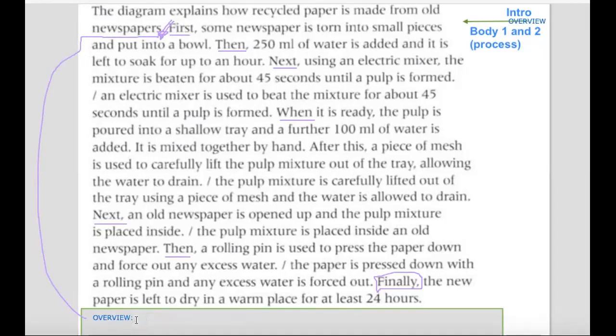Okay, so for the overview, we're writing a brief summary, so just a short summary of the whole process. So before you start writing about each step in detail, we want to put in an overview, a brief summary. So let's think about what are the main stages of this process.